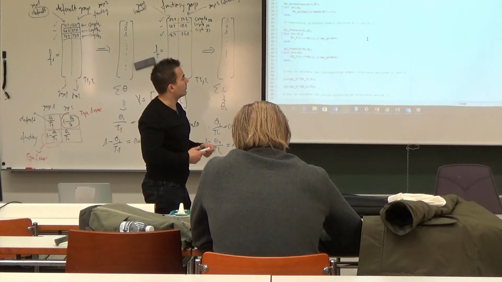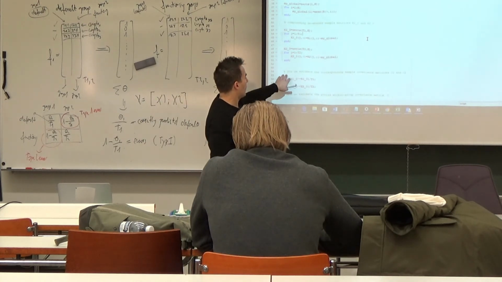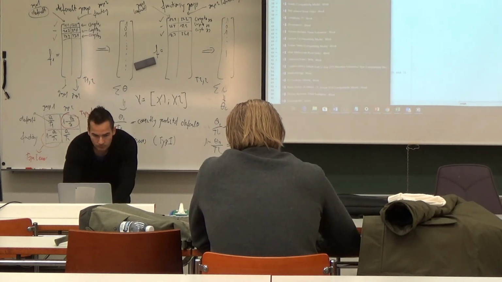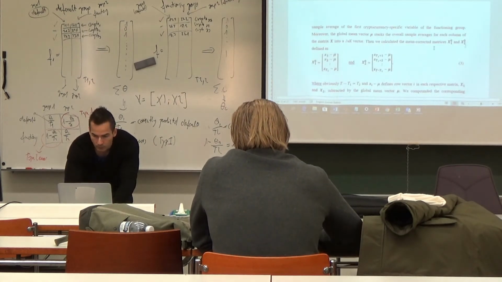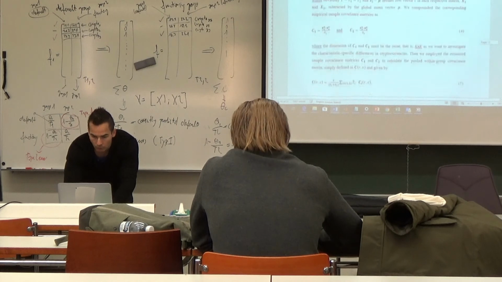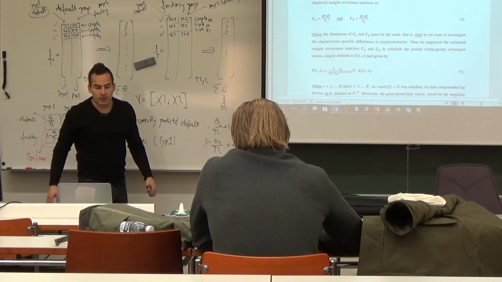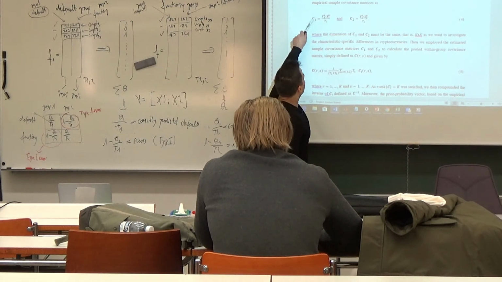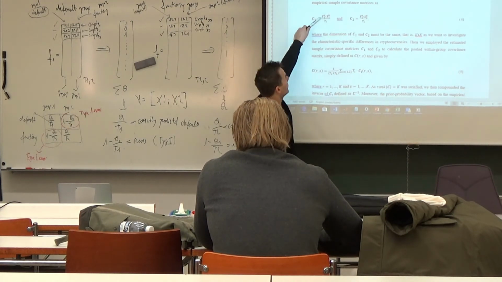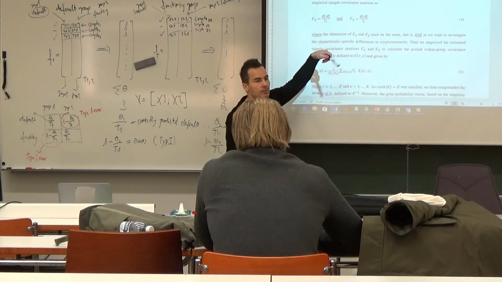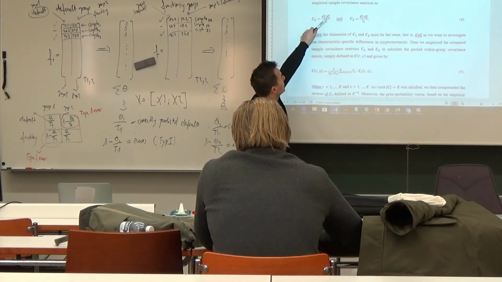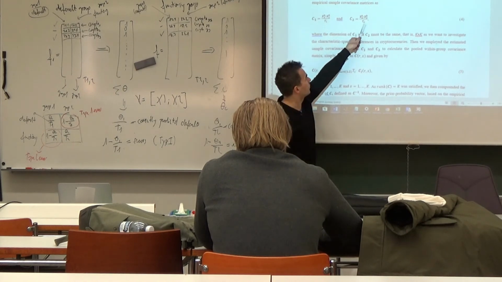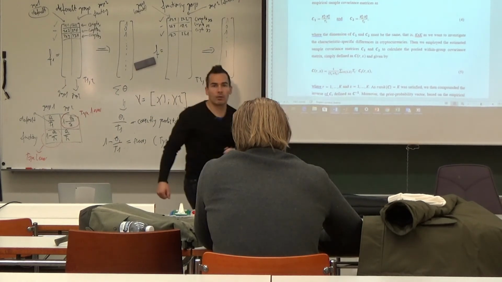So what I have to do then, if you look back at the paper, is compute the empirical sample covariance matrices, which we denote in the paper as C1 and C2. We simply take this demeaned matrix, transpose it, multiply by itself, and divide by the number of observations in each sample. How does it look in the code?